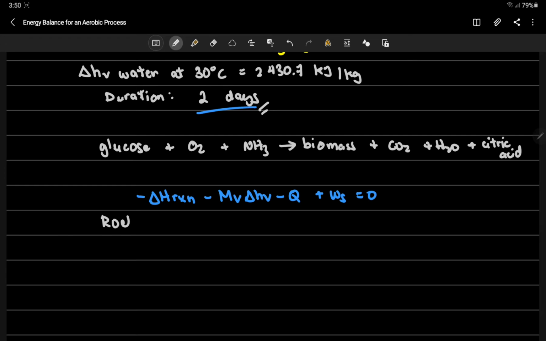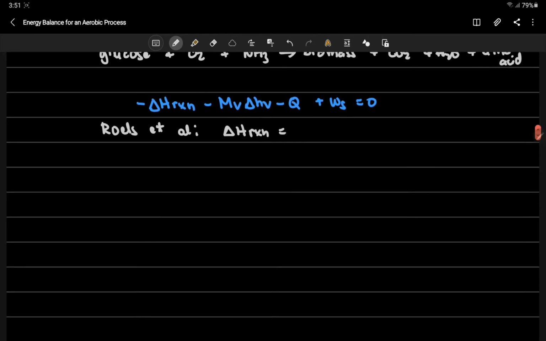Rowell's and co-workers, naalala nyo yung value, you can actually determine already yung enthalpy of reaction kasi according to them, diba remember, nagplot sila yung degree of reduction versus yung enthalpy of combustion divided by the number of carbon atoms, and they found out that the line, when you do that, is a pretty straight line, and the slope is equivalent to Q. Okay?